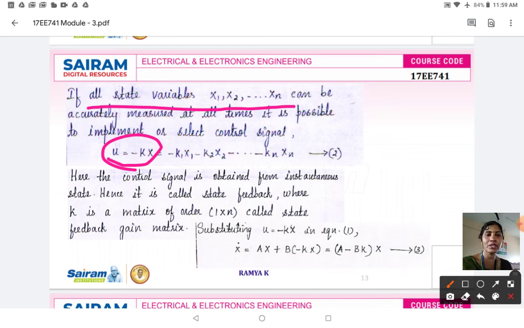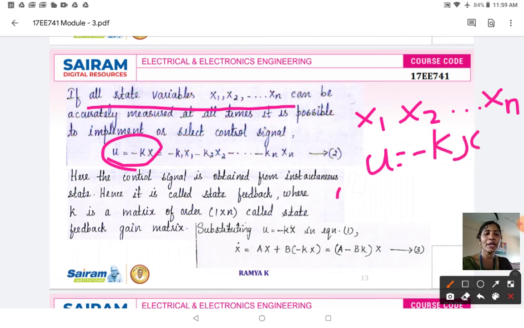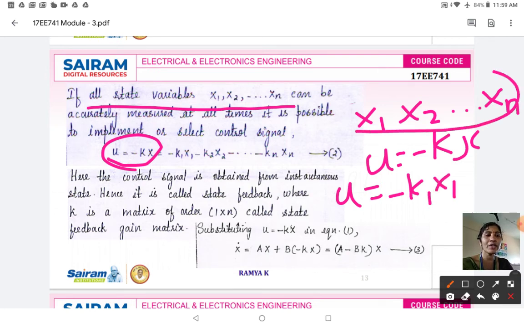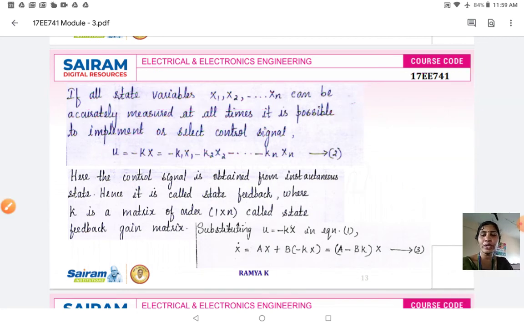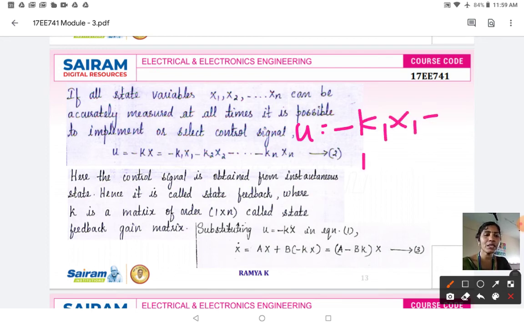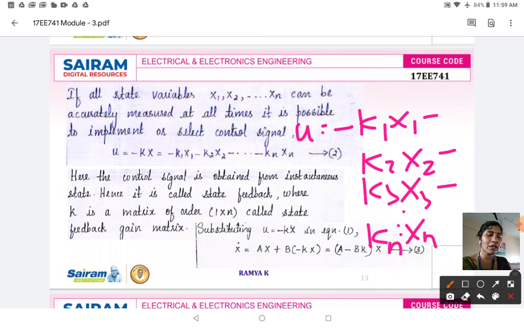If x is your state variable vector and the state variables are x1, x2 up to xn, and you apply the control law u is equal to minus Kx, then u will be equal to minus K1 x1 minus K2 x2 minus K3 x3, and it goes on till minus Kn xn, because for as many state variables as there are, that many gains appear. So it depends upon the number of state variables available in the system.